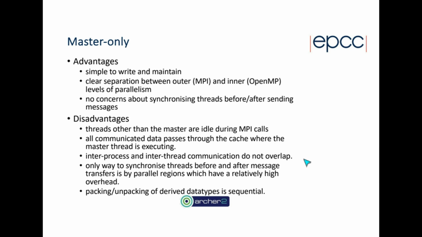The problem is that, as we'll see in a minute, inter-process and inter-thread communication don't overlap with each other. Because the inter-process communication is happening outside parallel regions and the inter-thread communication is happening inside parallel regions, those two things are not happening at the same time. The only mechanism we have for synchronizing threads between calls to the MPI library is parallel regions, which has relatively high overhead.